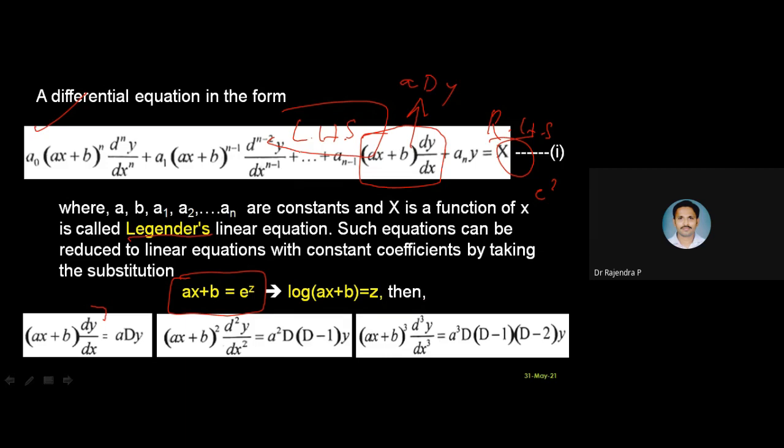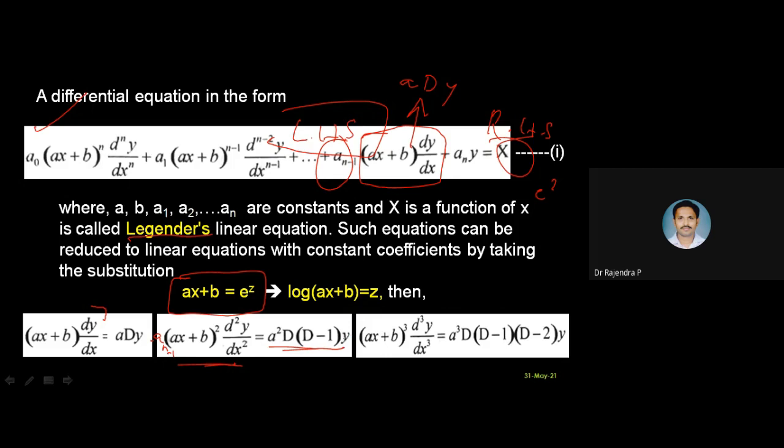Similarly, because it's an nth order differential equation, I may have a second term, that is ax plus b whole square d square y by dx square, maybe with some constant a n minus 1 also. In this place I have to substitute a square D into D minus 1 into y.